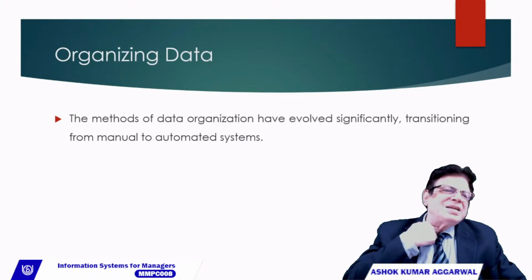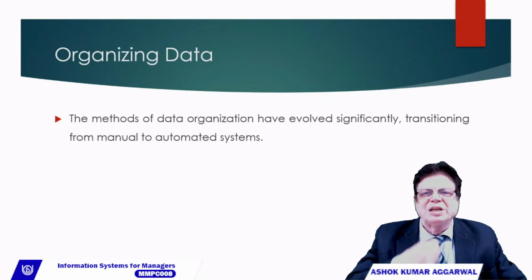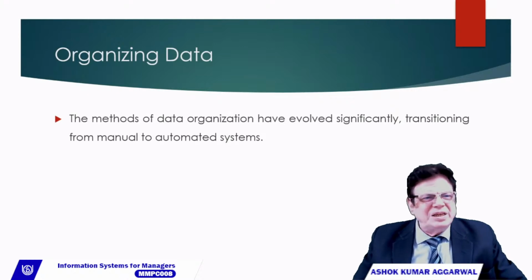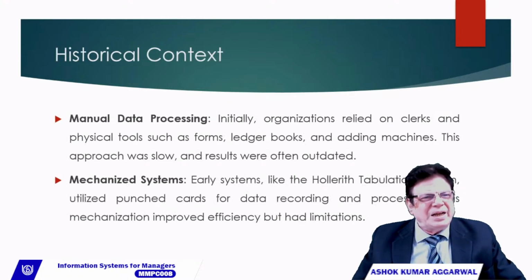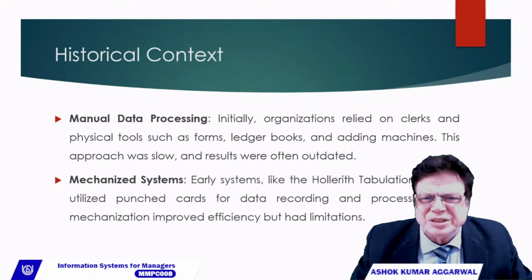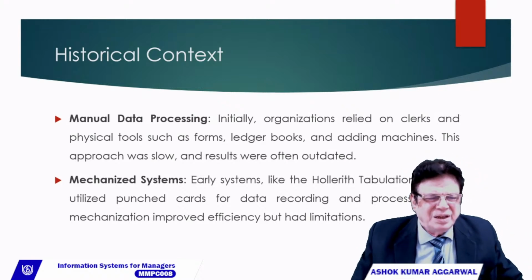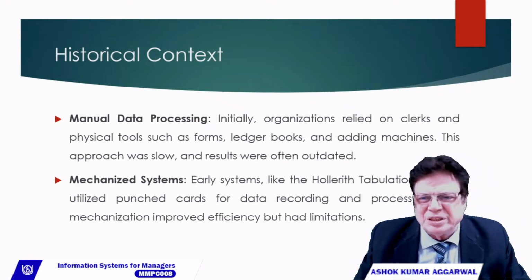Next is organizing data. The methods of data organization have evolved significantly, transitioning from manual to automated systems. Then historical context, manual data processing. Initially, organizations relied on clerks and physical tools such as forms, leather books, and adding machines.